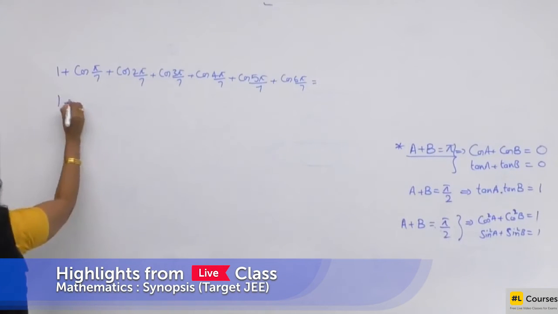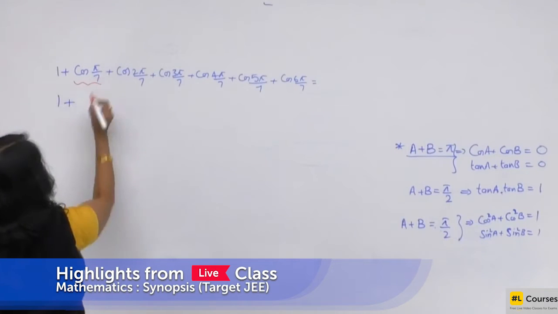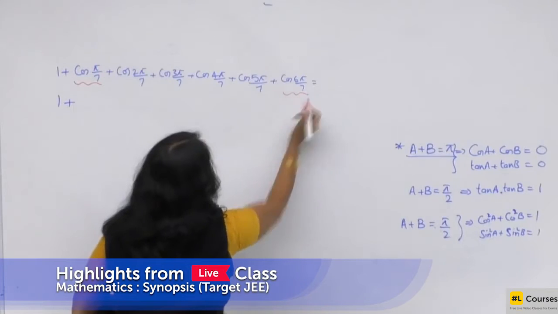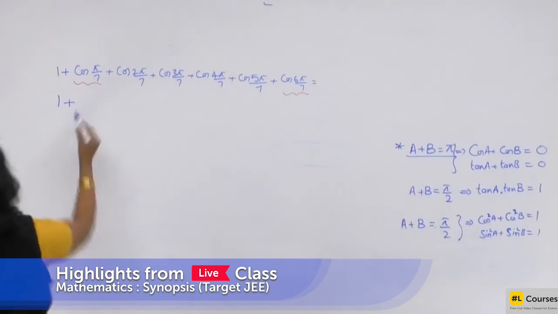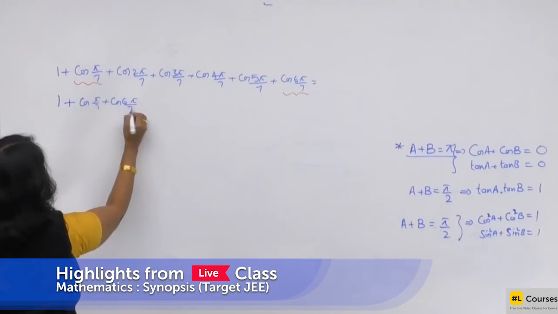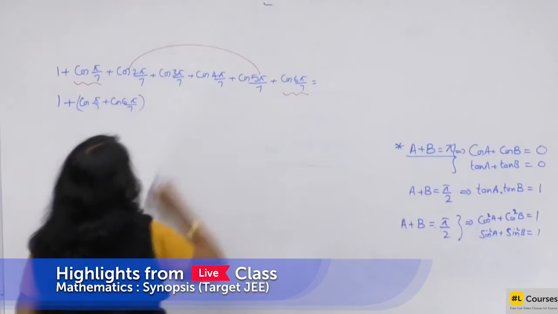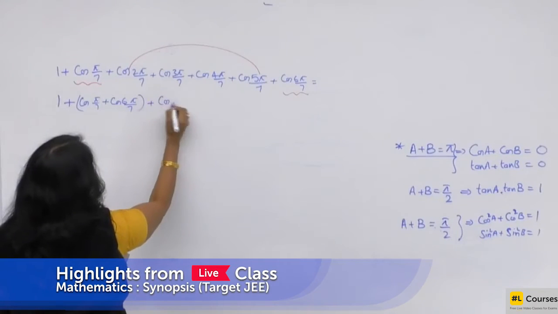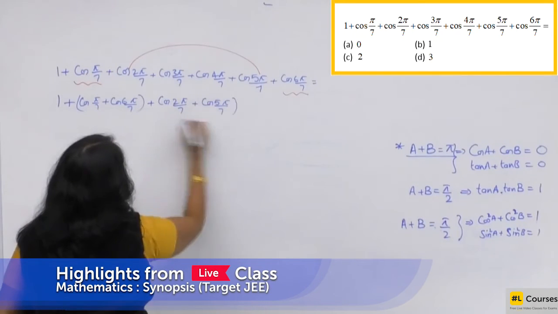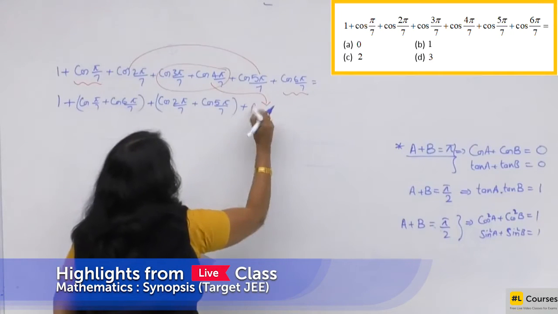So I'll keep this 1 as it is, and I'm going to group them like this: cos pi by 7 plus cos 6 pi by 7, then cos 2 pi by 7 plus cos 5 pi by 7, and so on.